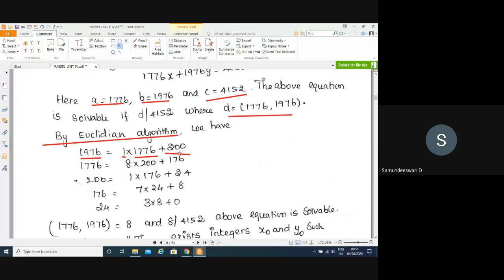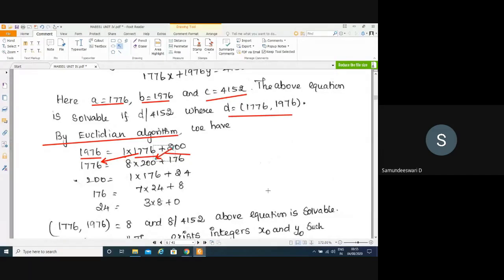Okay, so this is the first step. Again, take the divisor. A very important point: your remainder should lie between 0 and the divisor, that is, 0 less than or equal to remainder less than your divisor. Surely your remainder is less than your divisor. So 200 is your remainder. Now I am going to divide the divisor by the remainder.